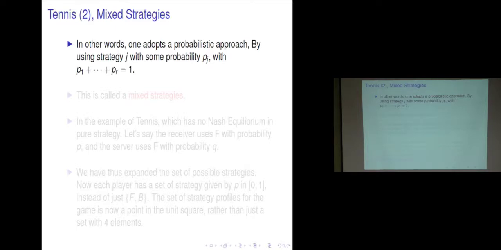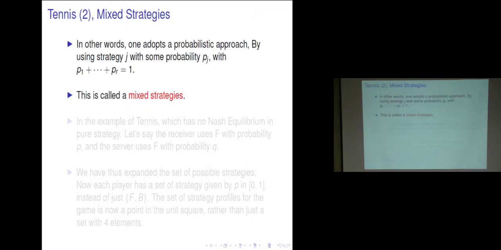In the lecture, I'll talk about two possible strategies. In the tutorial, there is one where we mix 3 strategies. The general setting is you can have finitely many strategies, and to each one of them you can assign a probability. This is called a mixed strategy.